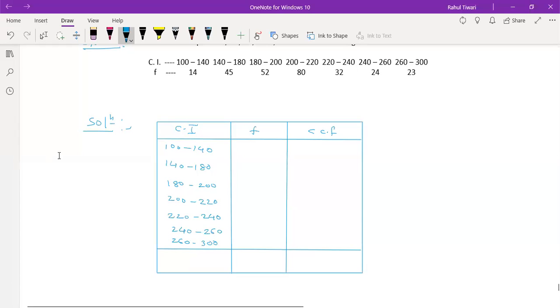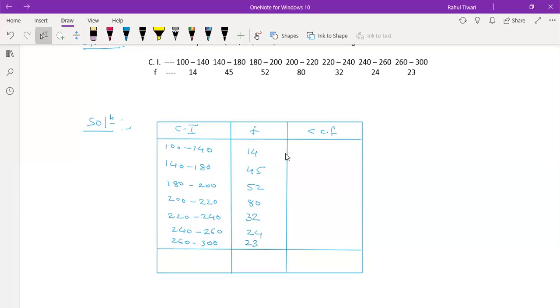And then we have F here, so we can go with F, which is 14, 45, 52, 80, 32, 24, 23.